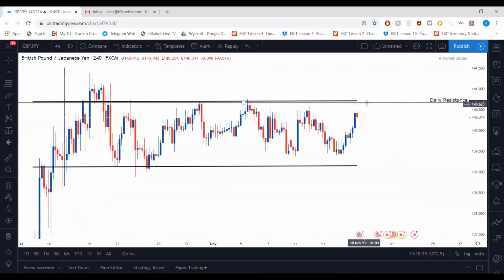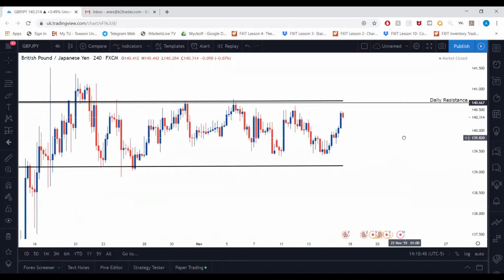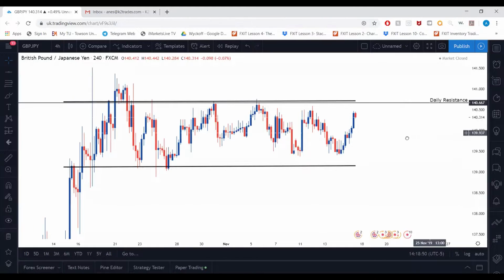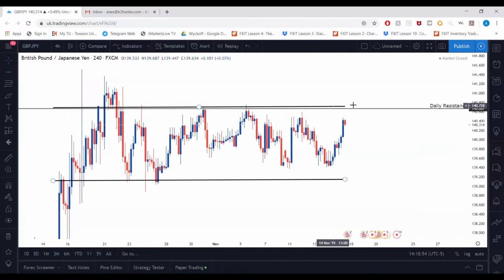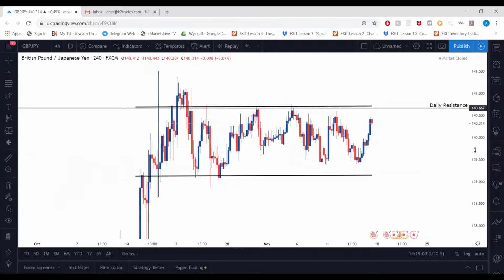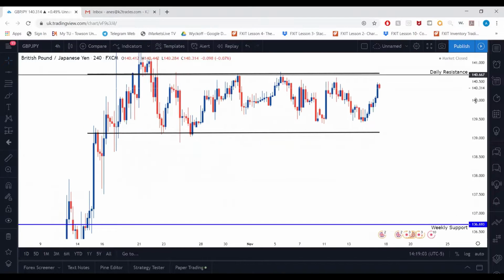I would like to see a further push to the upside, maybe a gap up of 25 to 30 pips. And I would be very interested to see confirmation on a smaller time frame that it rejects this resistance and the top of this side channel again, so we can look for some sells.